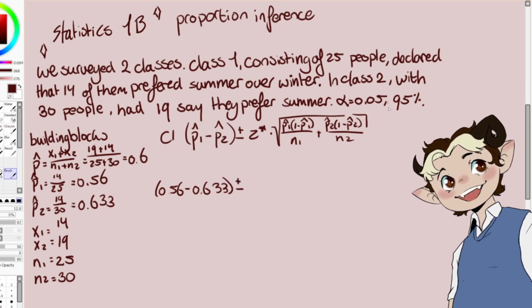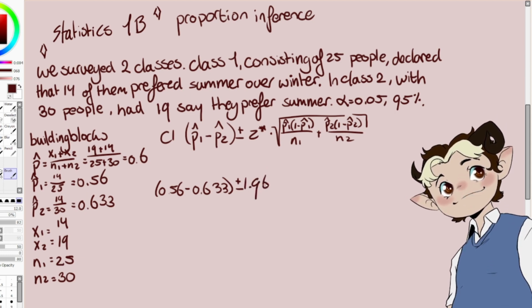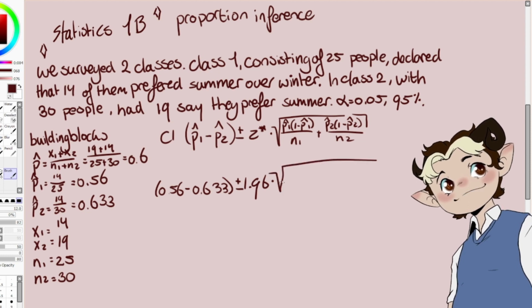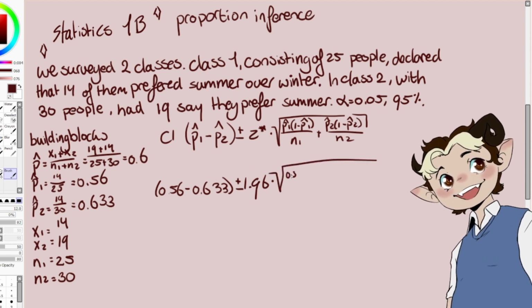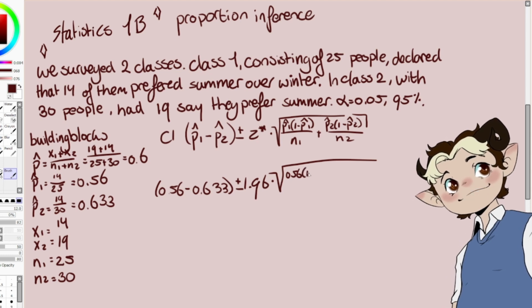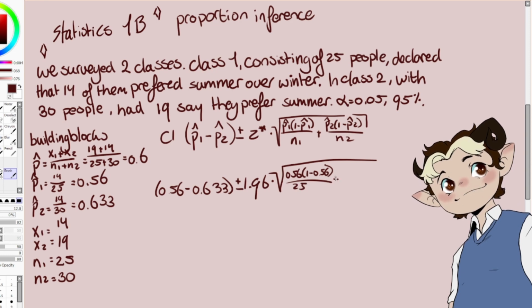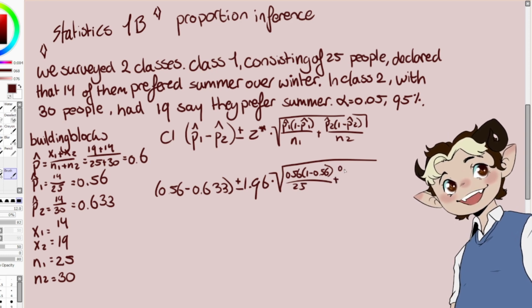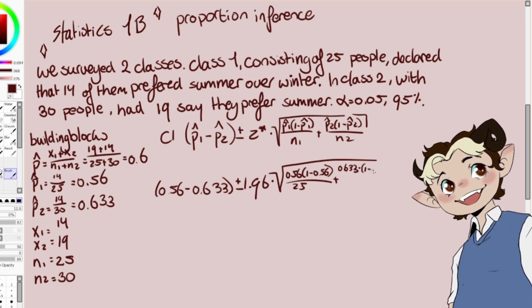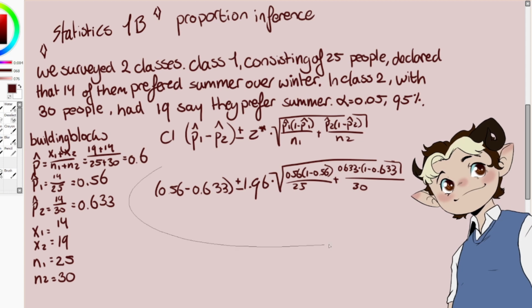We have a 95% confidence interval, so our z-score would be 1.96 times the square root of 0.56 times 1 minus 0.56 divided by 25 plus 0.633 times 1 minus 0.633 divided by 30.